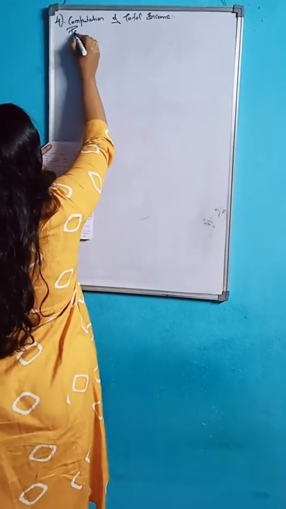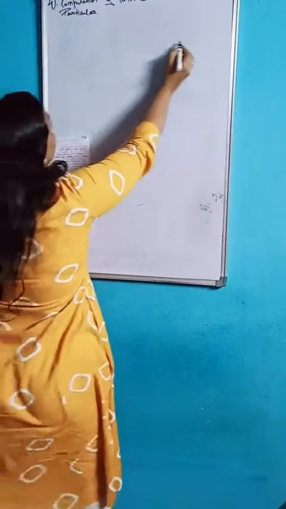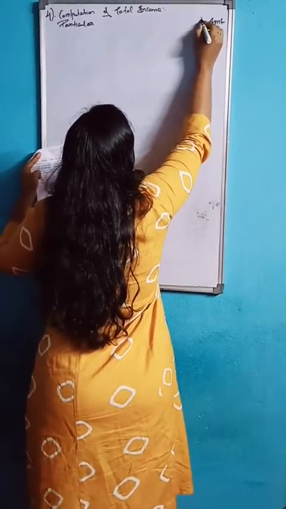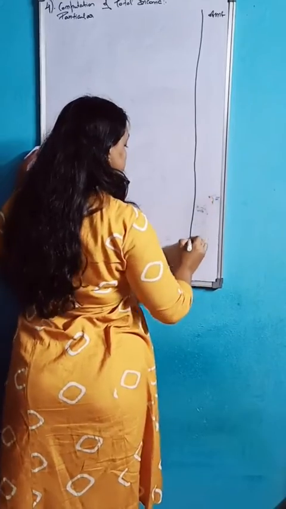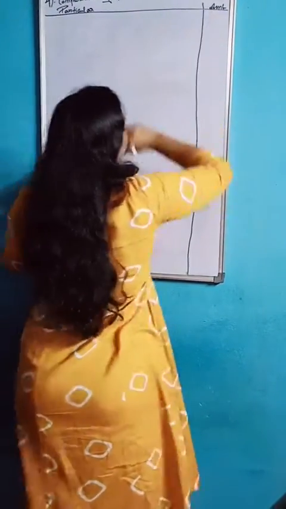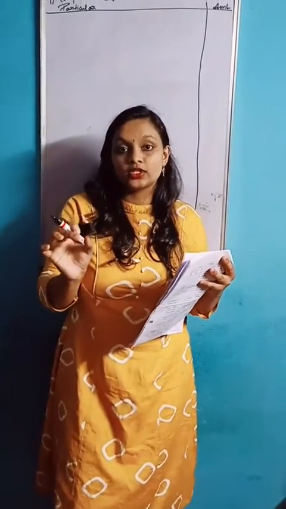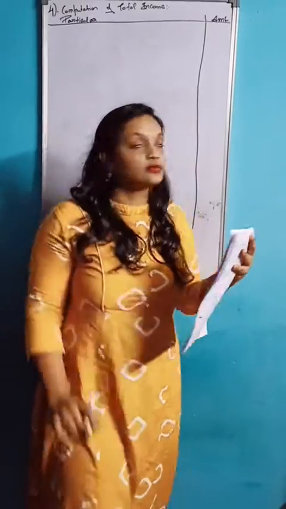Particular, amount column. Now, computed salary income rupees 2 lakh. Computed, they have mentioned, so directly you can write 2 lakh.